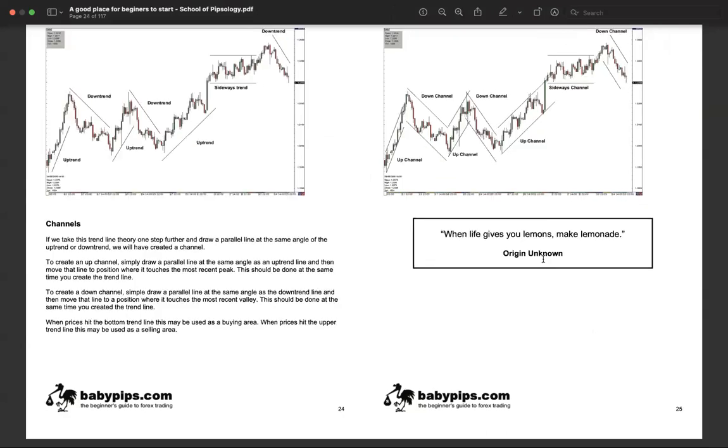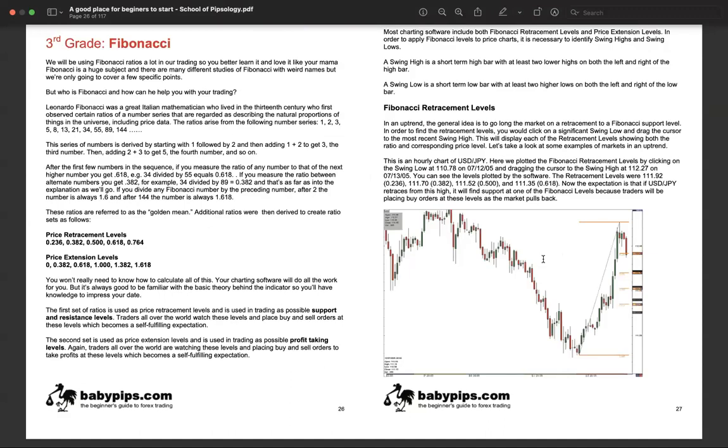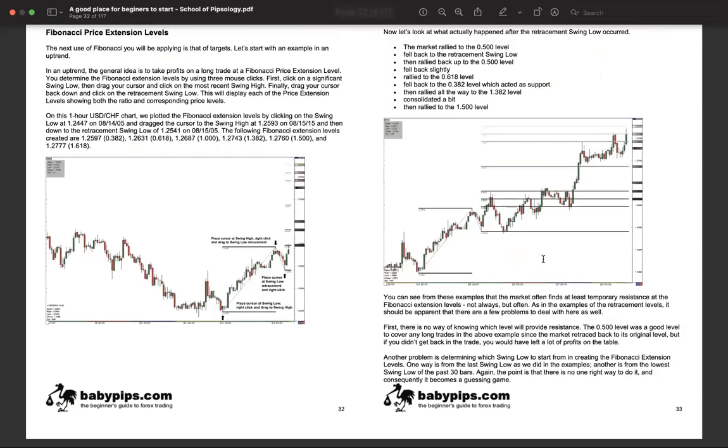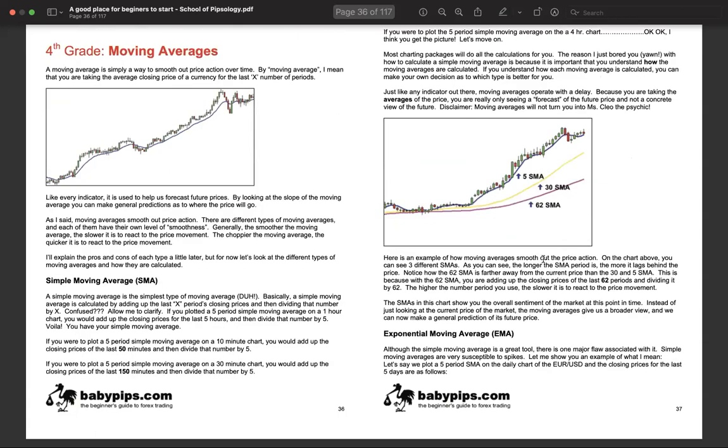And channels, for now I don't use channels, so it's something you can learn more about as an individual so you can master it. Fibonacci, I usually use to measure how high the price is. I don't use it most of the time. And moving averages, I use once in a while.